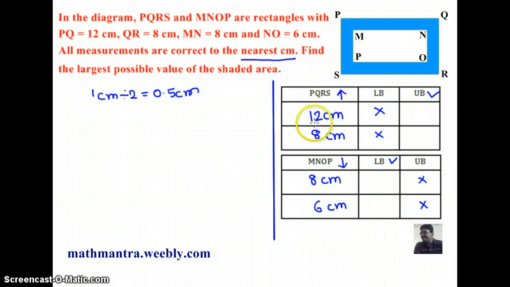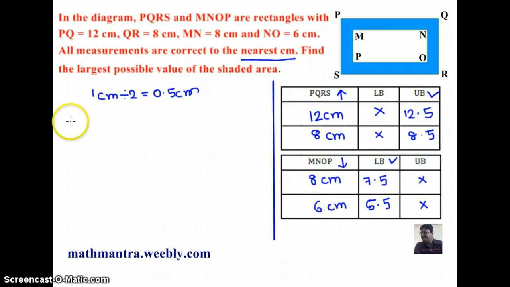So the upper bound for 12 centimeters will be 12.5 and for 8 centimeters will be 8.5. Similarly, the lower bound for 8 centimeters will be 7.5, and for 6 centimeters it will be 5.5.